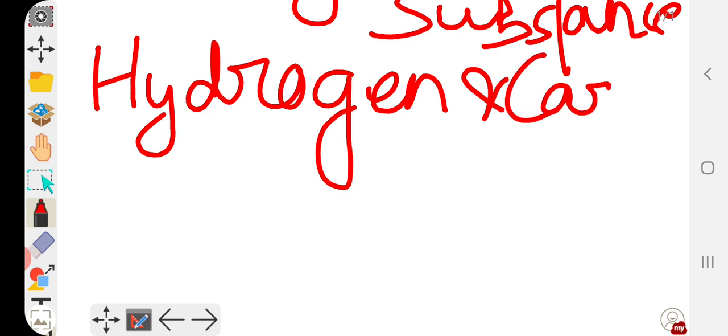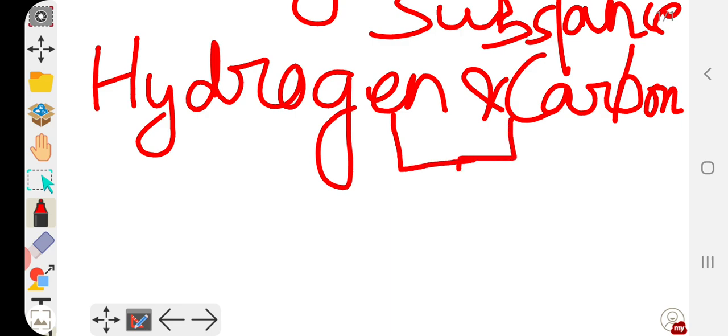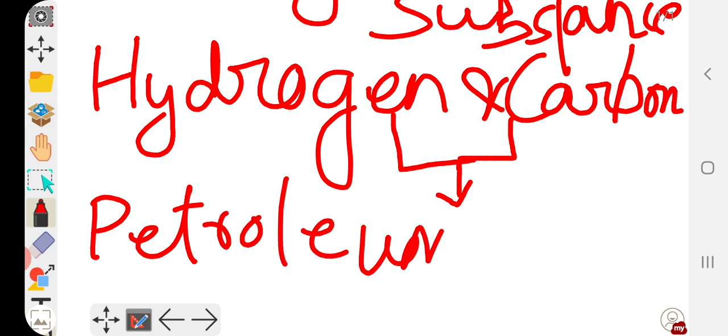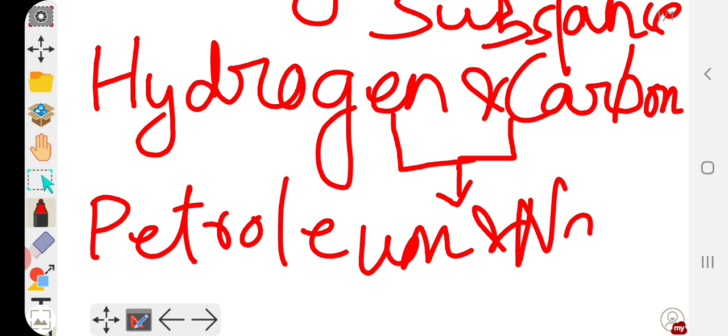These are the two main constituents that make hydrocarbon. And hydrocarbons are the principal constituent of petroleum and natural gas.